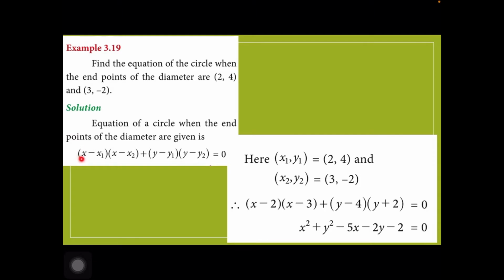We can substitute those values in this general form and you can get the value. So, (x minus 2)(x minus 3) plus (y minus 4)(y plus 2) is equal to 0. After simplifying this, you will get the equation. You have to multiply these two factors and these two factors, then add them and write it in a single form.